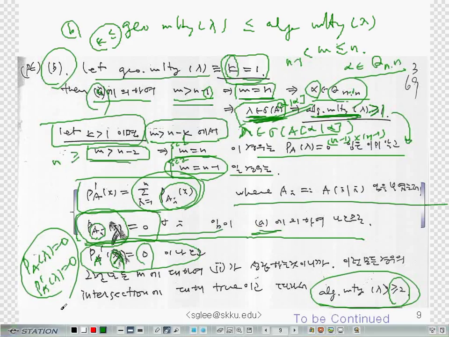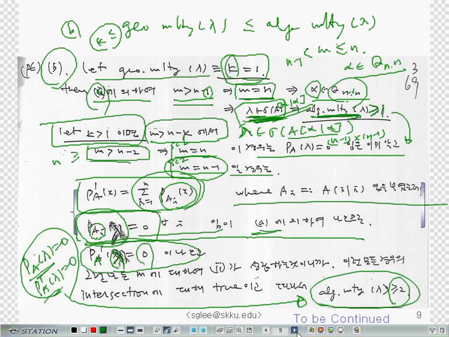Okay? This shows this, because algebraic multiplicity is just the number of roots in the characteristic polynomial. Understand?